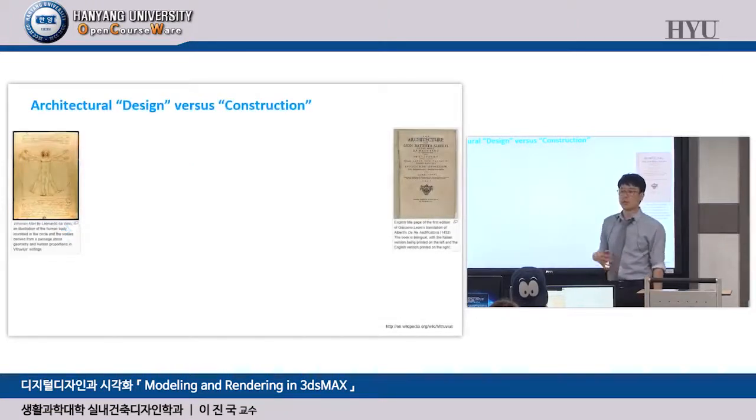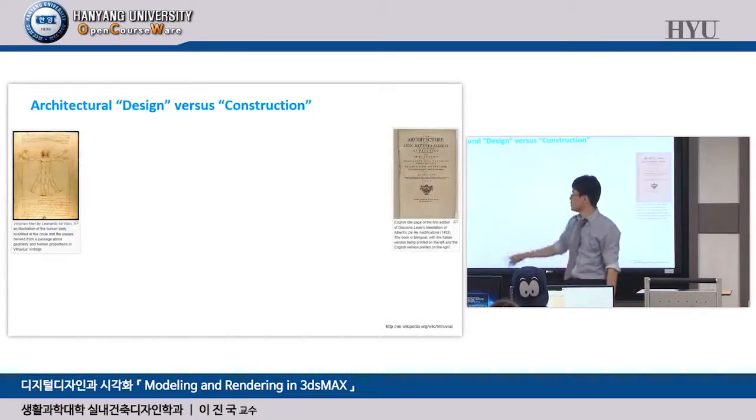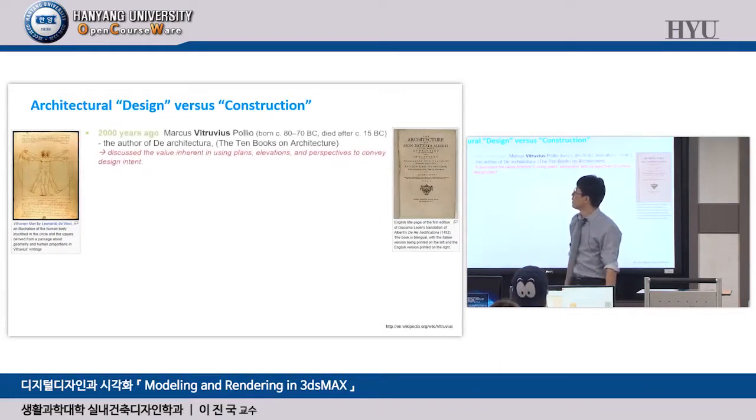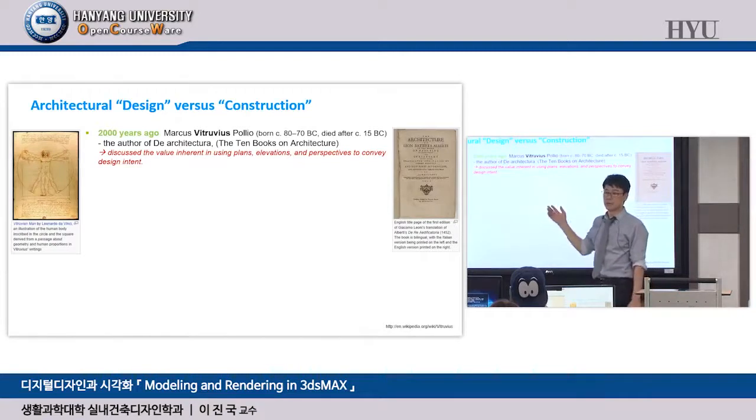Let's quickly take a look at the history of design, history of architecture. Architectural design versus construction. As you know, this is Da Vinci's drawing, okay? Vitruvian Man, reflecting Vitruvius, okay? Marcus Vitruvius Pollio is the man from around 2,000 years ago, okay? He is believed to be the first architectural designer.